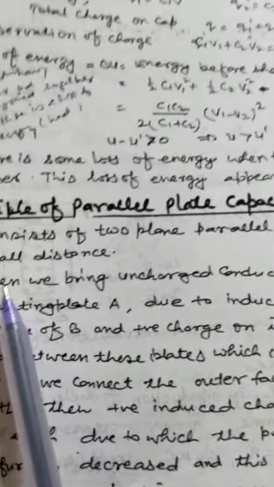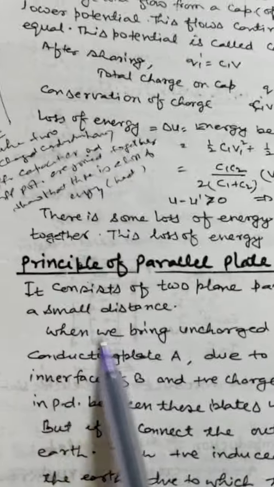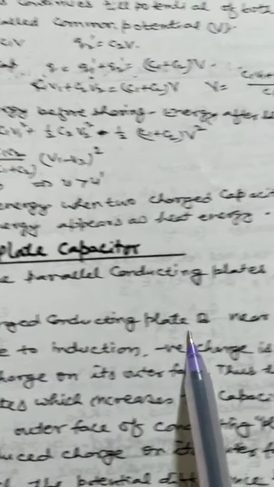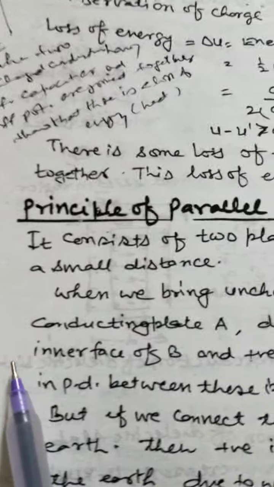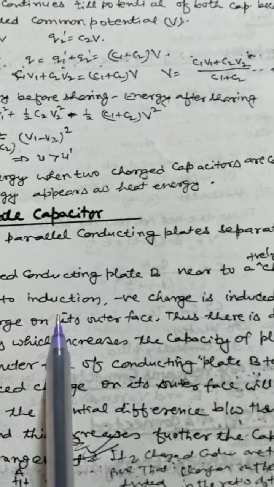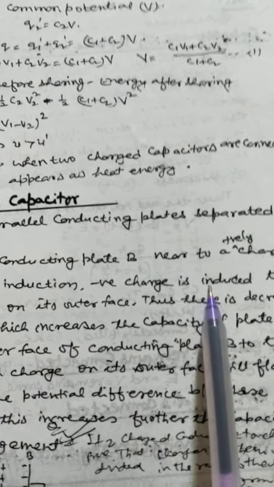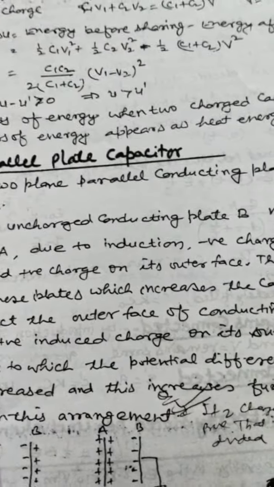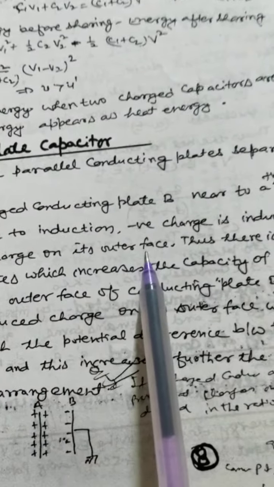When we bring an uncharged conducting plate B near to the positively charged conducting plate A, due to induction, negative charge is induced on the innermost face of B and positive charge on its outer face.